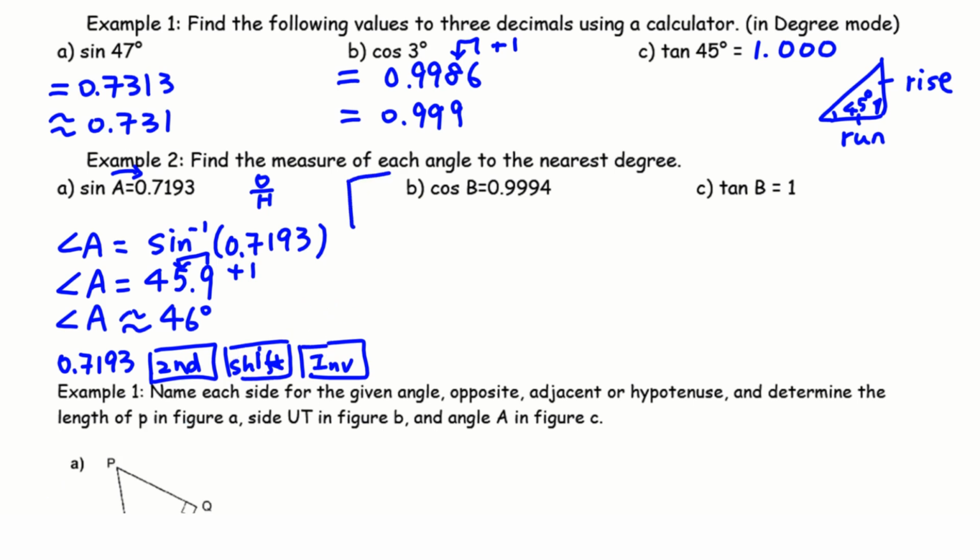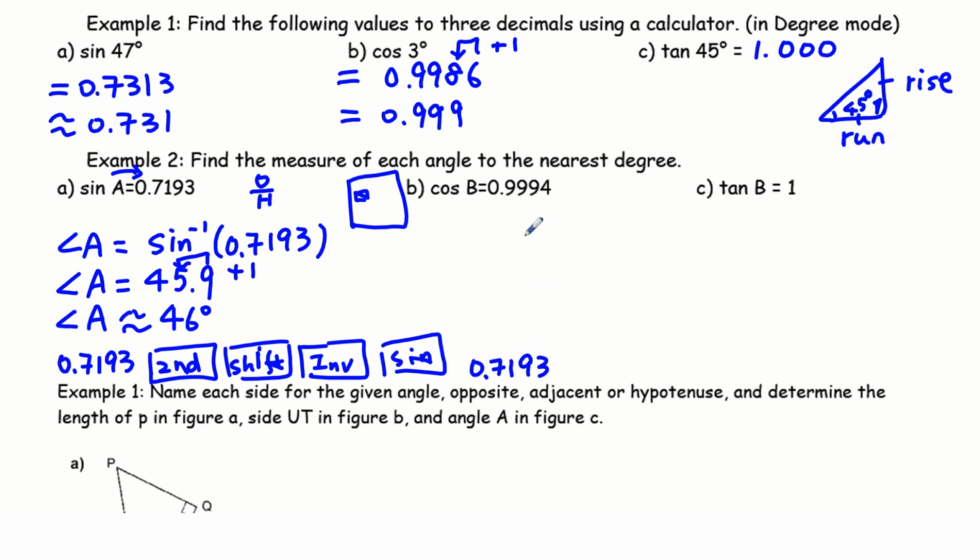You press it, then it will give you sine inverse. Then you have the answer. This is for a backward calculator. If not backward, you just press second, shift, inverse and sine. Then you type in 0.7193 after that. So you need to check which way your calculator will work.